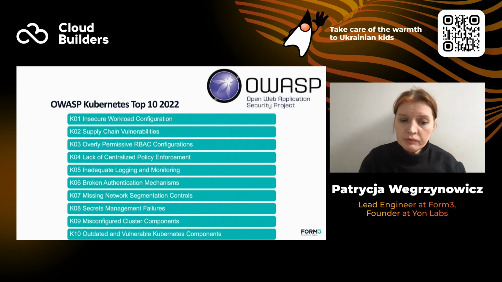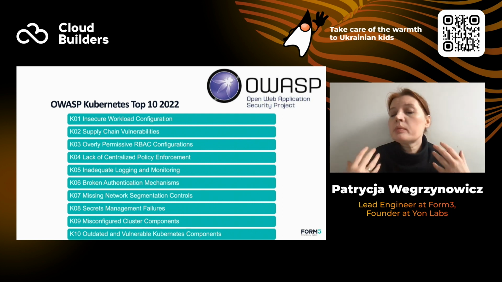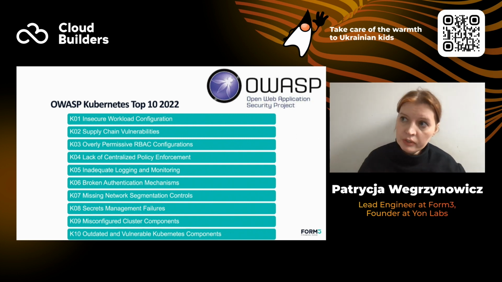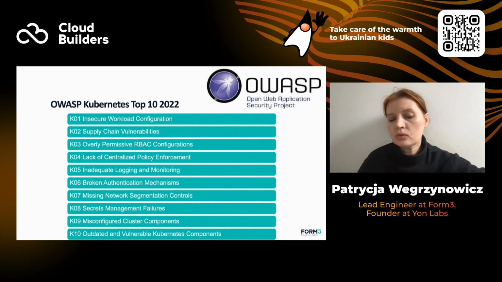Number 9, misconfigured cluster components. Kubernetes is a very complex software, so it could be easily misconfigured, or any typical component we run on Kubernetes could be easily misconfigured, which eventually could lead to compromise of the entire cluster or at least some applications.